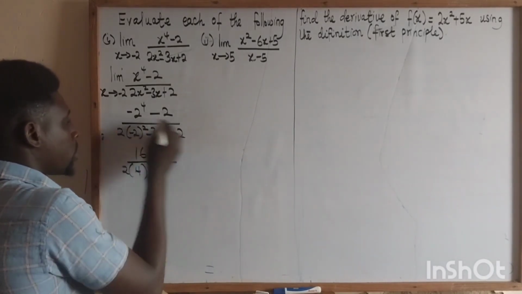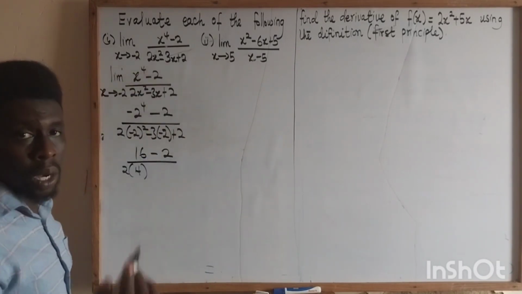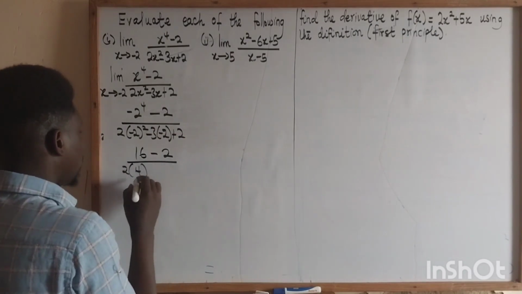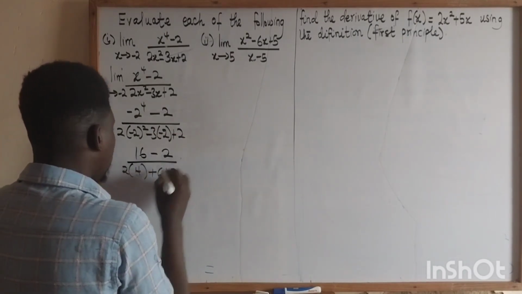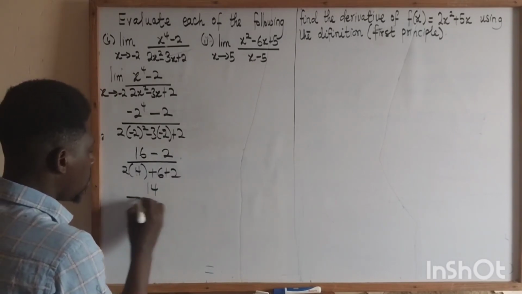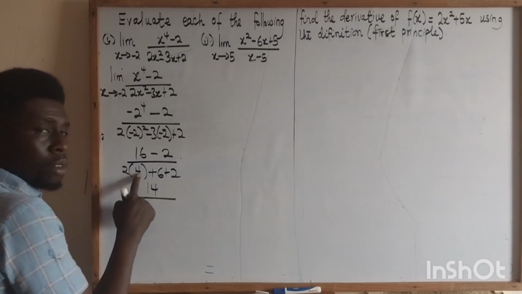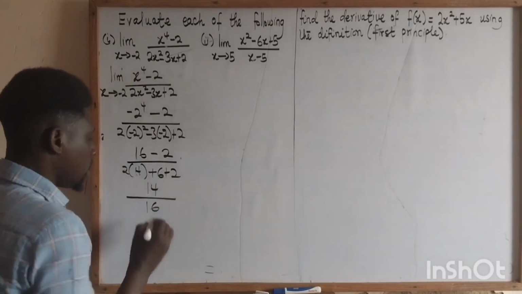You know, when we tried -2, all this gave us 16, isn't it? But all the same, let's check. So this is giving me 4, positive 6 plus 2. All right? So 16 minus 2 will give me 14, all over 2 times 4 giving me 8, plus 6, plus 2 will give me 16.